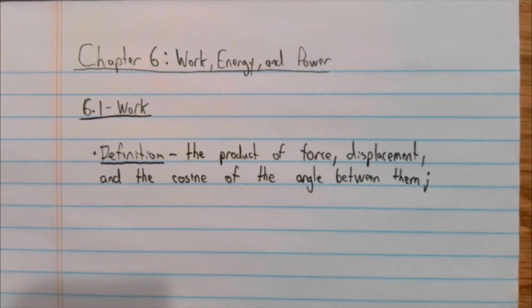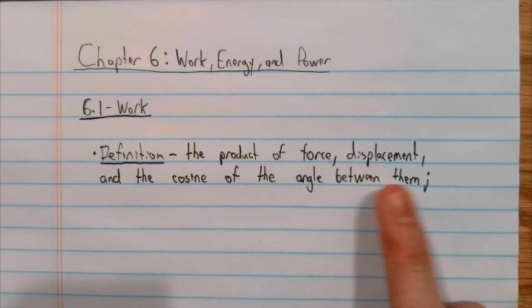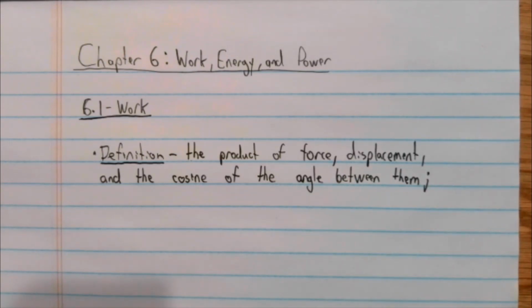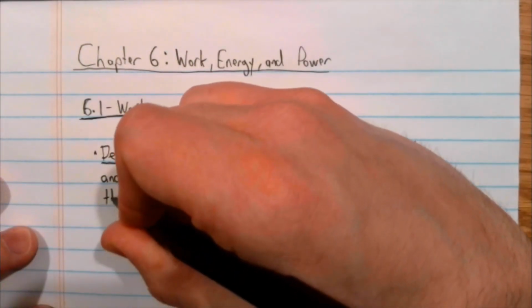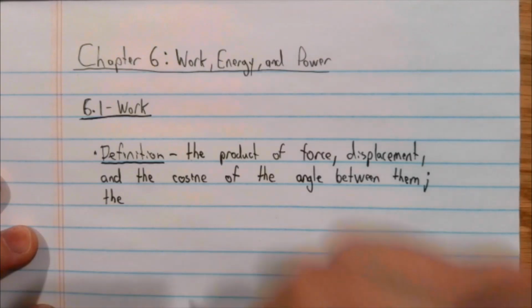So the definition of work is the product of force, displacement, and the cosine of the angle between force and displacement. Now conceptually, that doesn't do much for us, so I've come up with a somewhat conceptual definition.